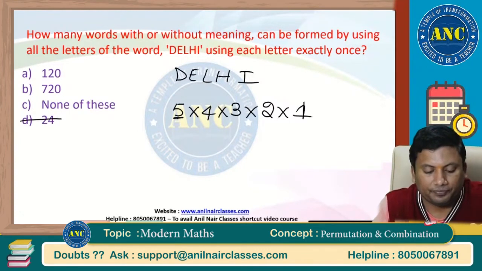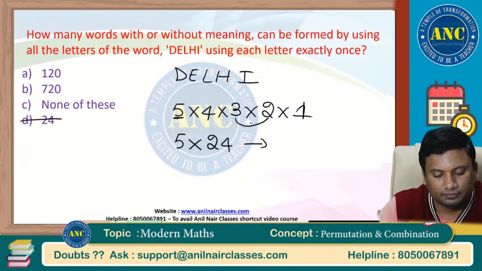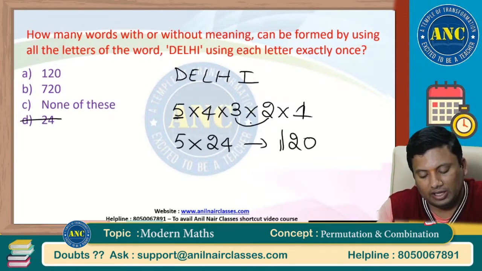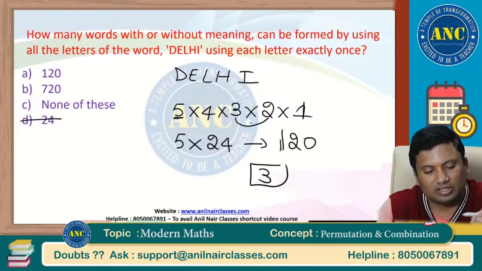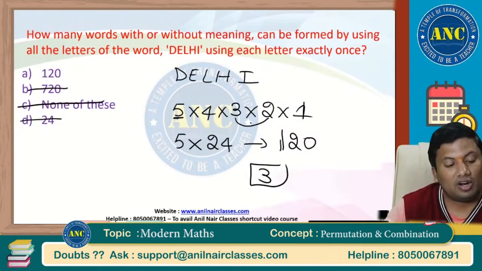Next one: 3 2s are 6, 6 4s are 24. Answer digital sum: 120, it is 120. The other options have a digital sum of 3, so these are also eliminated. These are all smaller values.